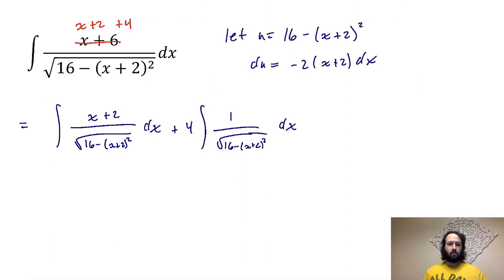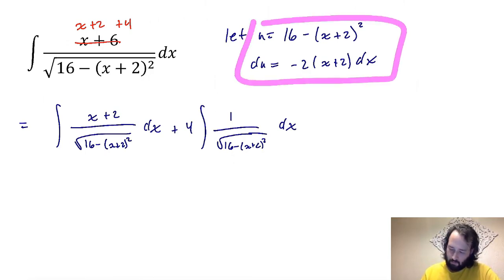All right, so take a second, make sure you agree that that's the same thing. All right, so x plus 2 and x plus 4, or not x plus 4, but just plus 4. Right, so I factored out the 4 as well. Because that second one, that becomes just an arc sine, where I can let my u be x plus 2, but then du is just dx, so there's no reason to really do that in this case. And then the first one, I can actually use my u substitution that I wanted to.